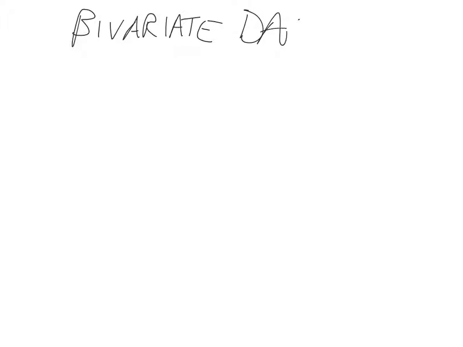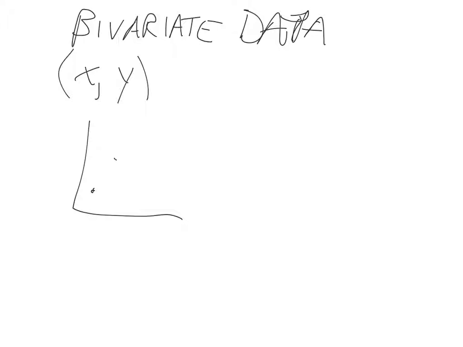Alright, so in chapter 13, we are going to look at what's called bivariate data. And it sounds worse than it is. All this is are data that is in pairs, that is x's and y's. So those are just points on a plane.